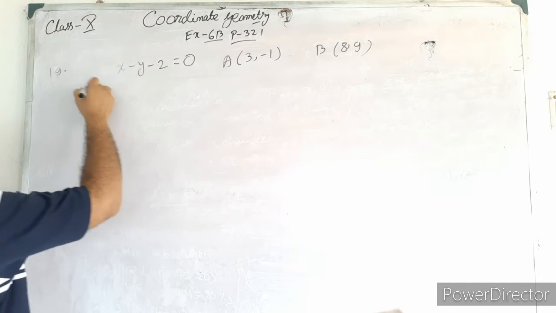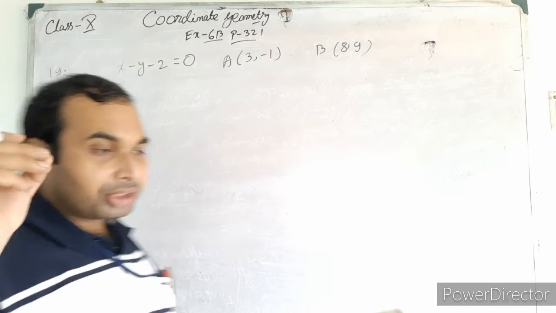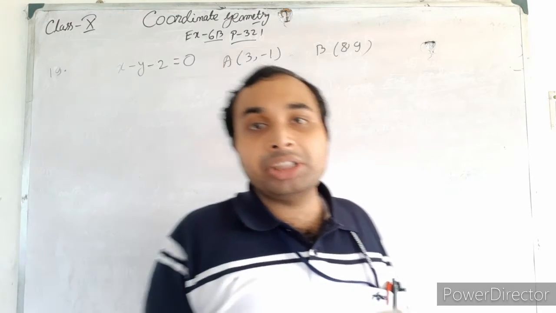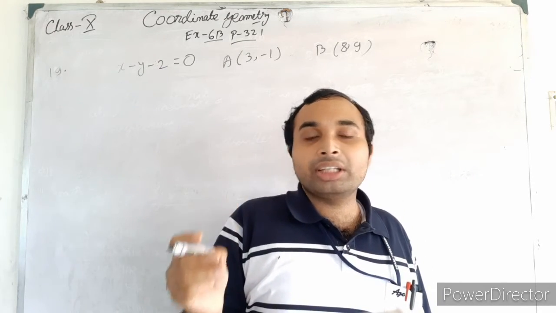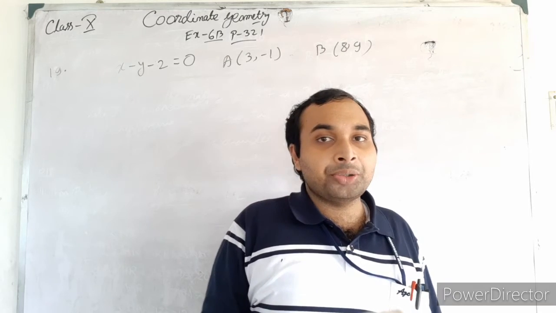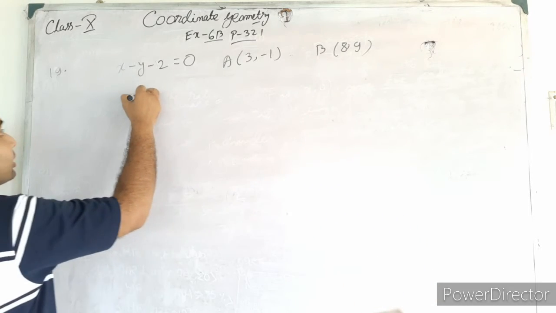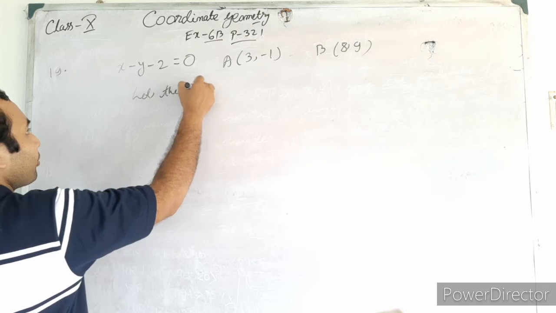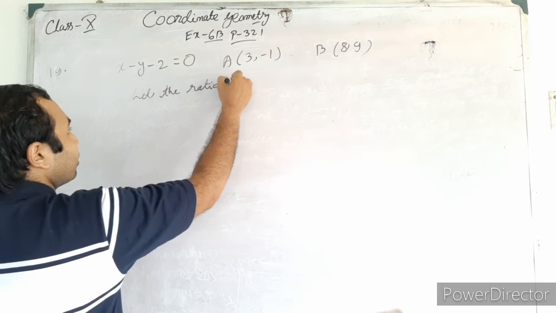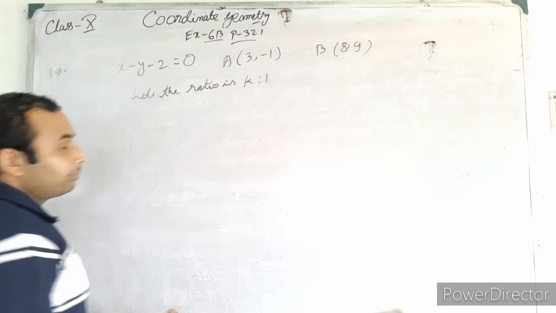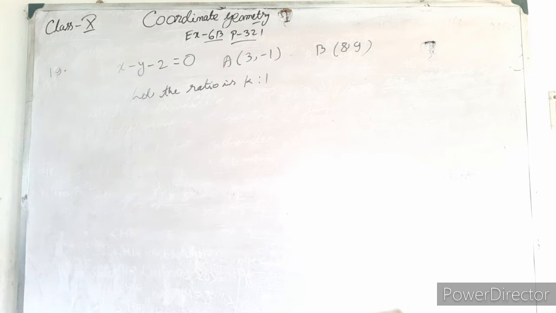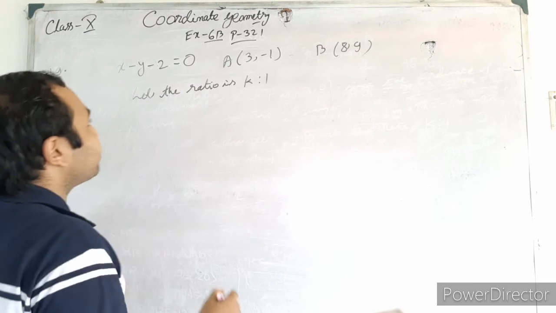First of all, this is a small trick: whenever the ratio is needed, you take the ratio as k is to 1. So let the ratio be k is to 1.